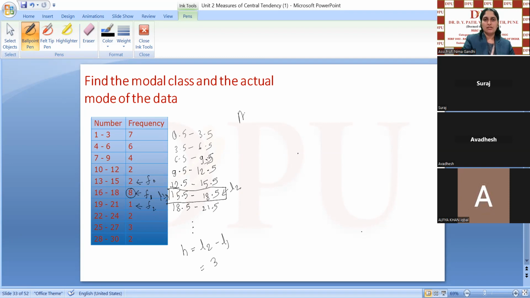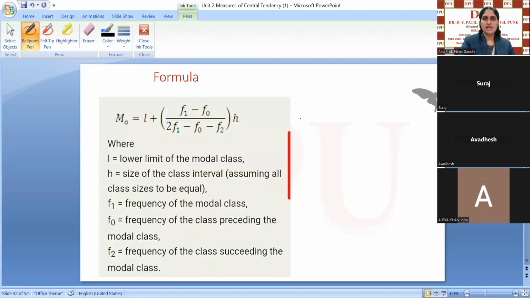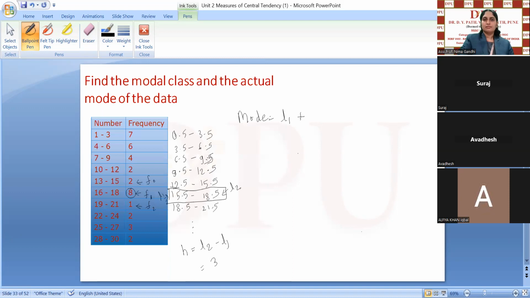So write down the formula for mode. Mode is equal to L1 plus (F1 minus F0) divided by (2 times F1 minus F0 minus F2), into H. So first you do all these calculations and then add it to L1.